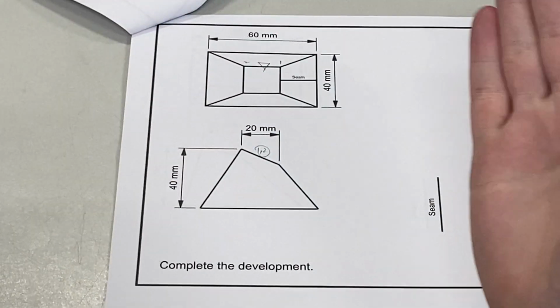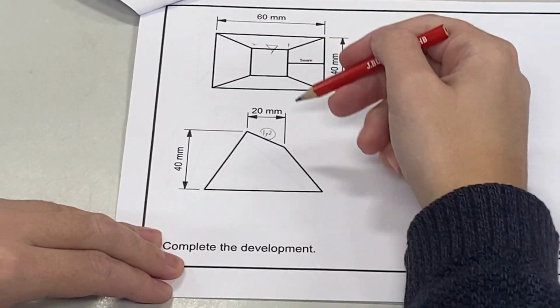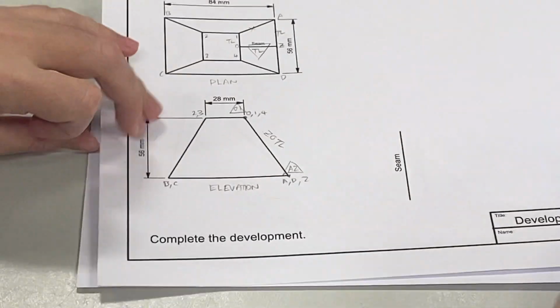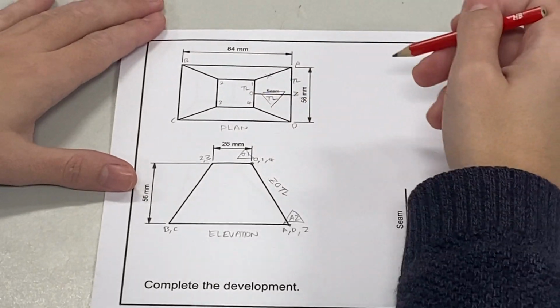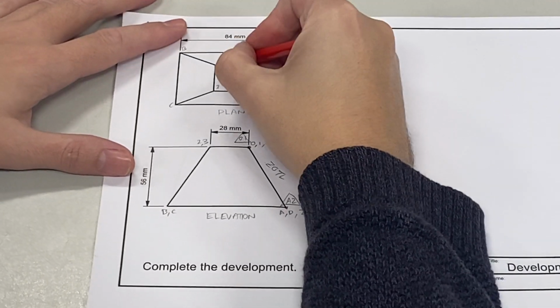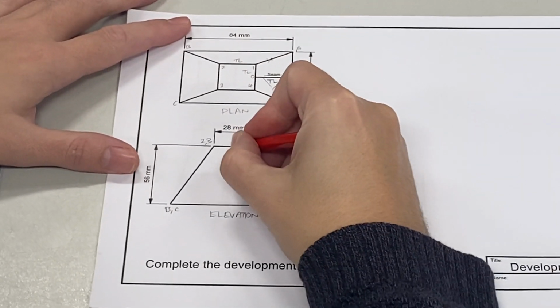Here, it's not falling away from the viewer. Here, it's the same distance. The 1, 2 is not moving back or forwards away from the viewer. So 1, 2 is actually a true length in both. True length here and a true length here.